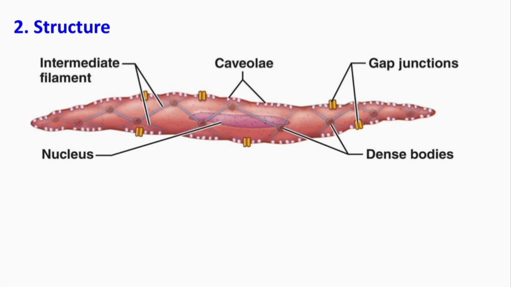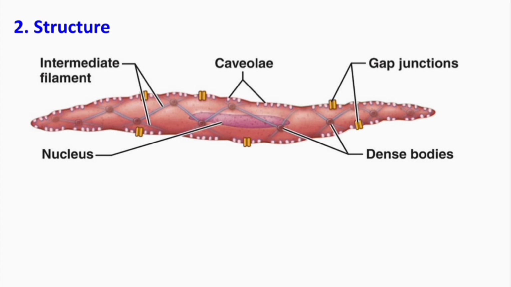They give attachment to the actin filaments, and they also give attachment to intermediate filaments, as you can see here. Intermediate filaments like vimentin, desmin, etc., attach to the other intermediate filaments and dense bodies and serve to transmit the contractile force to the sarcolemma.